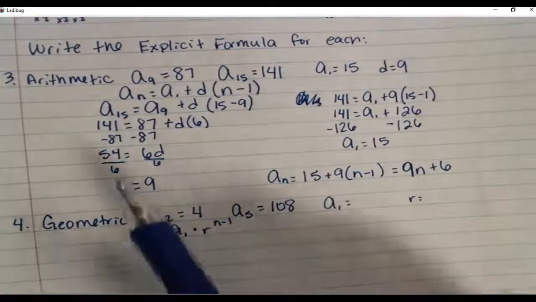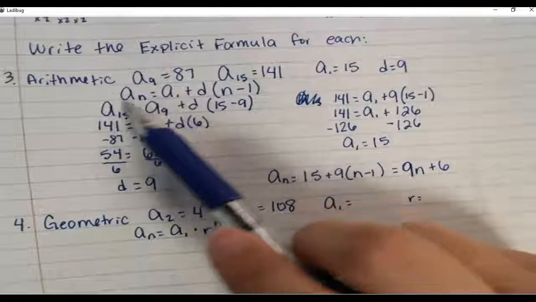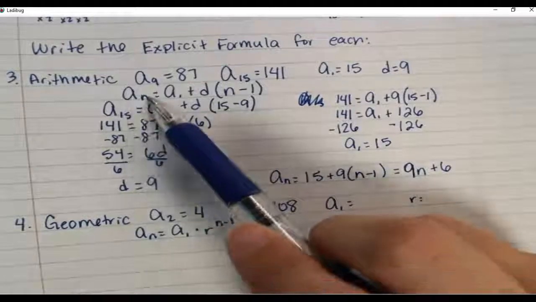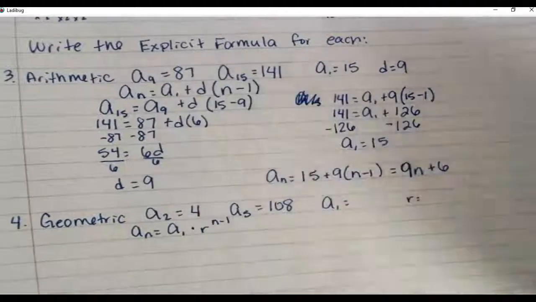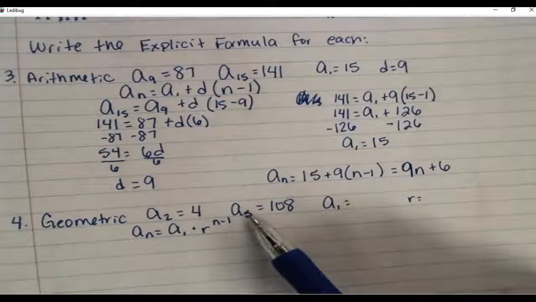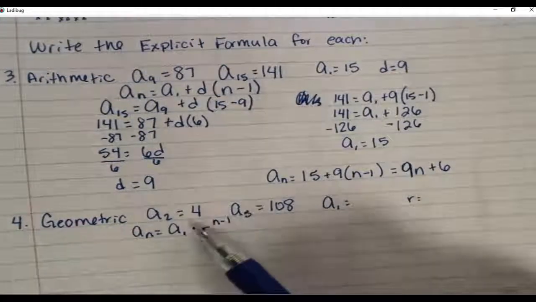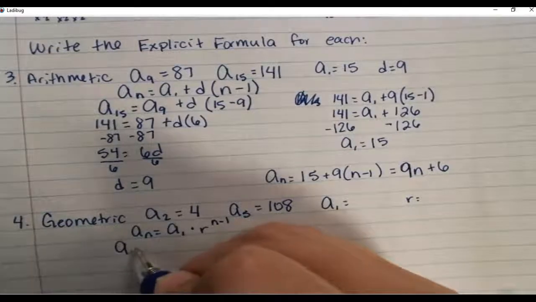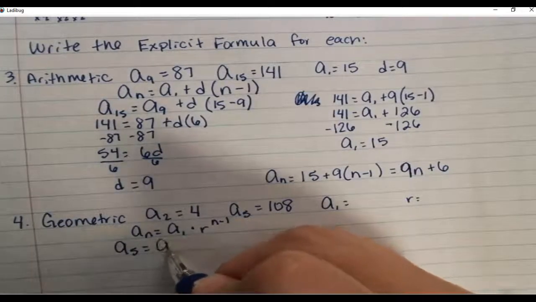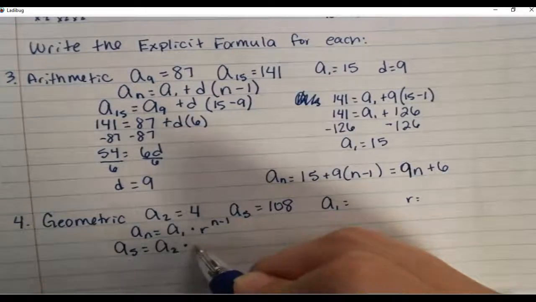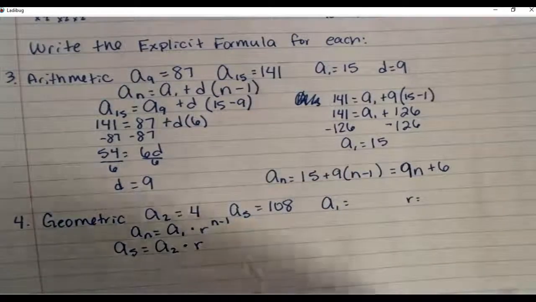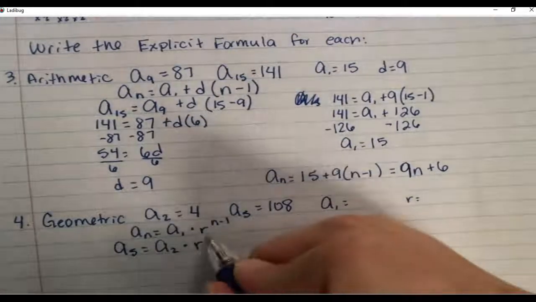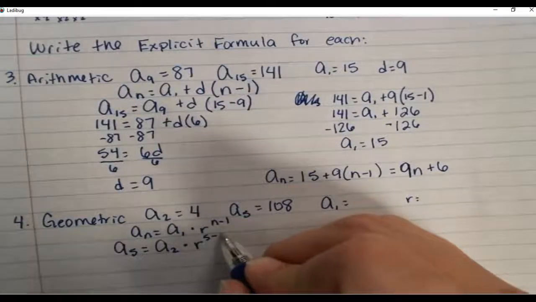So again, just like this last one, I was able to replace the n with the 15 and the 1 with the 9. So we'll do the same kind of thing here, except we'll replace the n with the 5 and the 1 with the 2. So that'll be A sub 5 equals A2 times, we don't know r, that's what we're trying to find, but now instead of n we have 5, and instead of 1 we have 2.